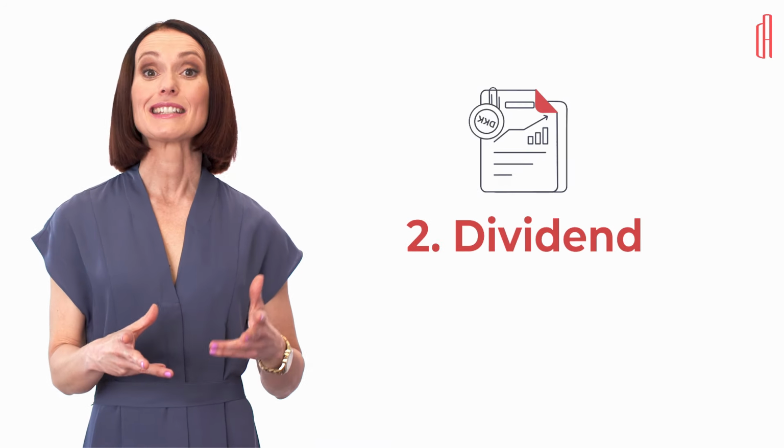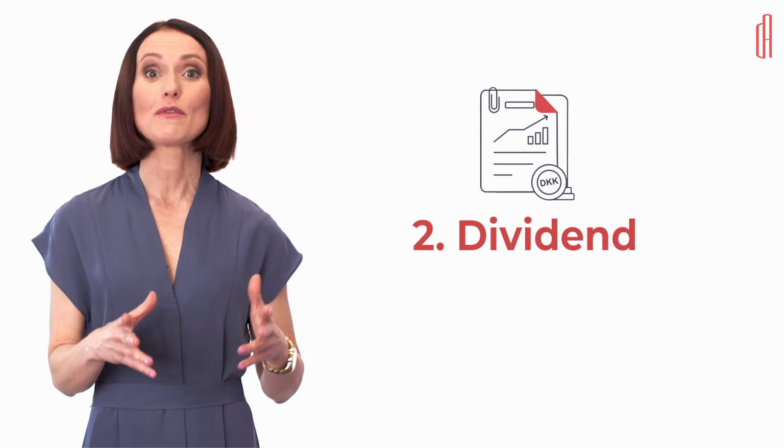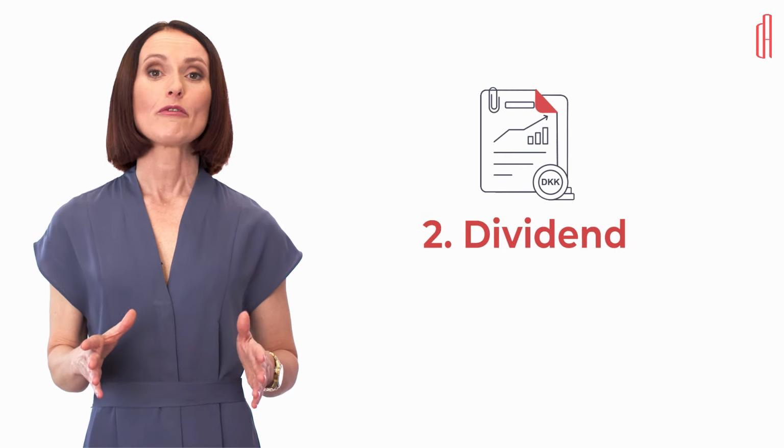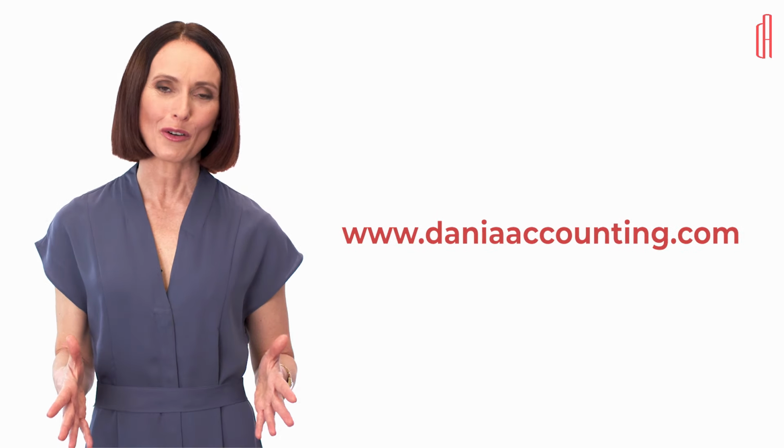Dividend. After the first fiscal year has ended, you can receive a dividend from the company if there is a profit after company income tax. We have made a separate blog and video that covers this whole topic related to dividends and dividend tax. You can see a link to the blog here.